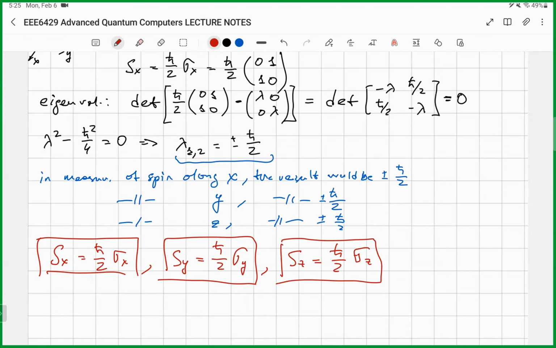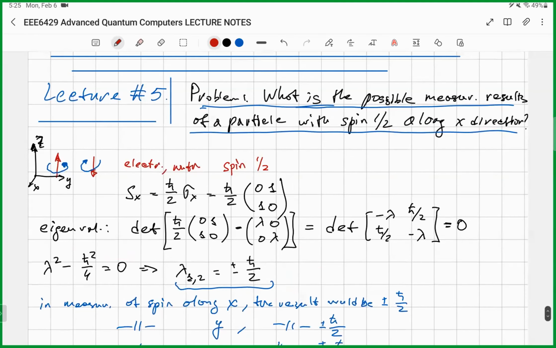This spin operator describes the possible states of spin, and spin is angular momentum, right? It's some sort of artificial angular momentum, a self momentum of the particle.